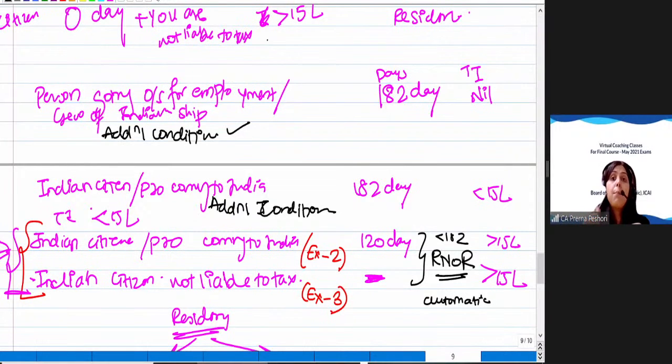But beyond that, there are certain cases where certain exemptions or certain deductions are only available to a non-resident or to a resident. So, if we need to determine what will be the total income, we first need to know what is the residential status. And for determining residential status, we need to know what is the total income. So, you understand there is a circular kind of ring created by the act itself.